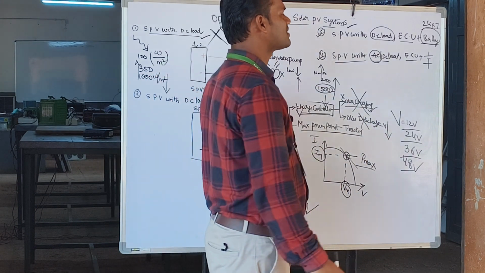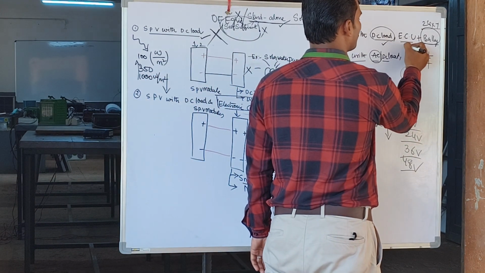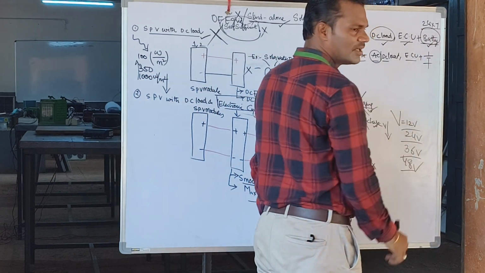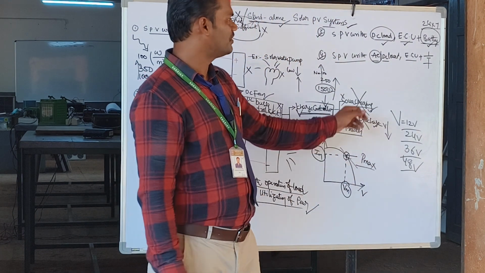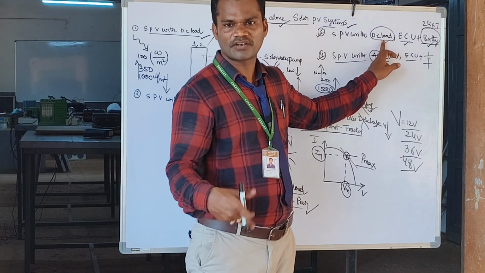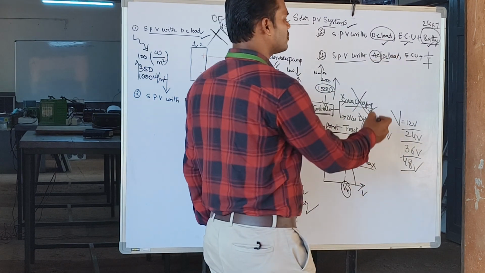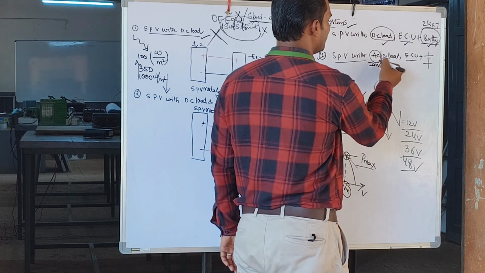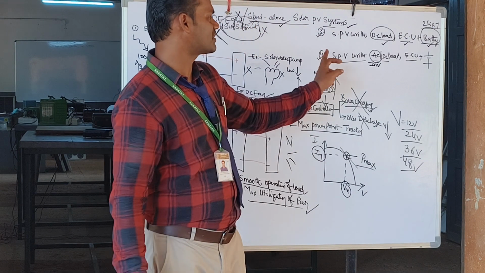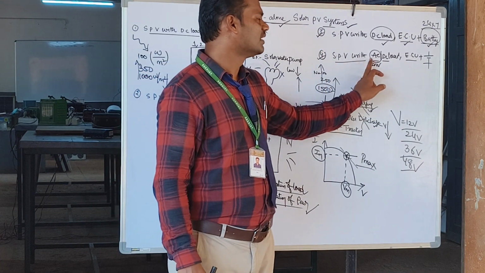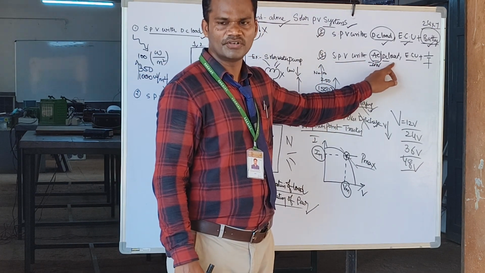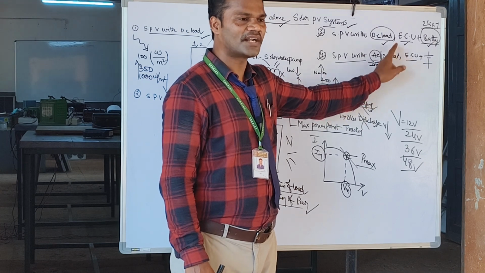The next problem here is we have DC load, electronic control unit, and a battery. And one more problem is that DC loads are very costly. So we need to convert this DC supply into AC supply with one more component called an inverter. The next class will discuss the SPV system with AC load and DC load with electronic charge control and battery.